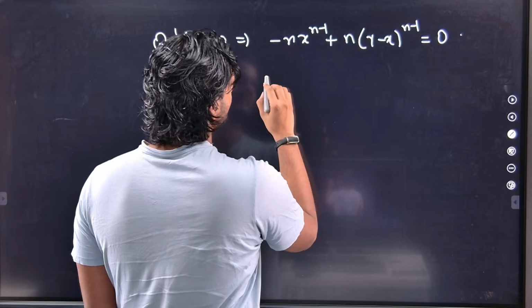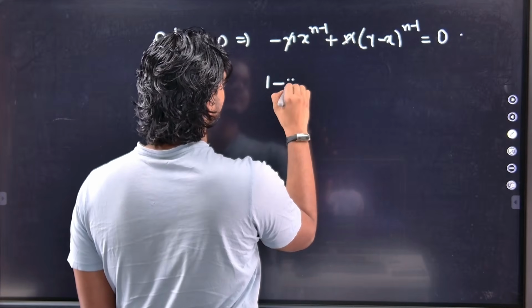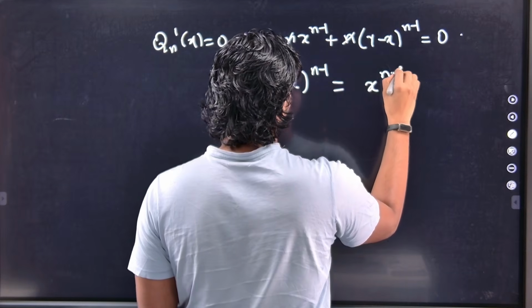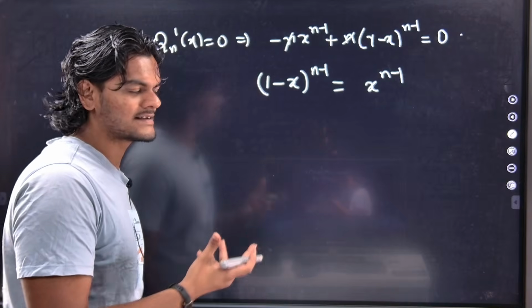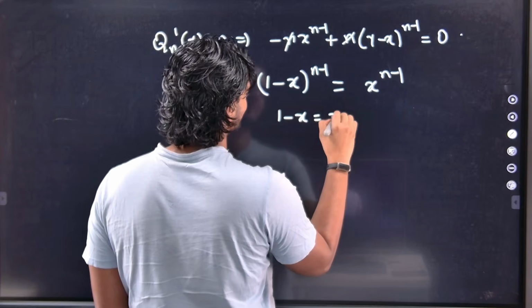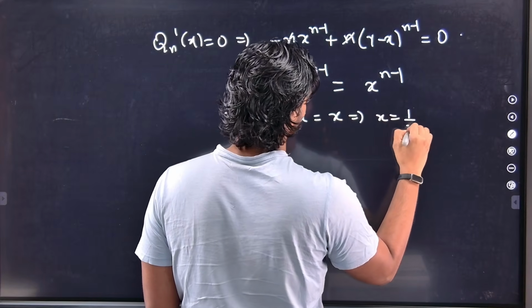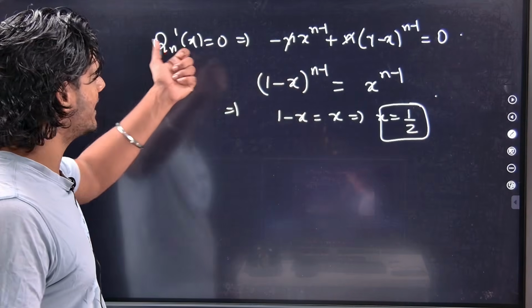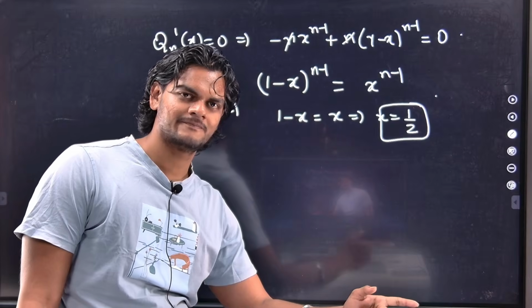If I cancel out n, I basically have 1 minus x whole power n minus 1 equals x power n minus 1. As we are talking about real numbers, it has to happen that 1 minus x is equal to x, so x is equal to 1 by 2. So Qn dash has only one root.